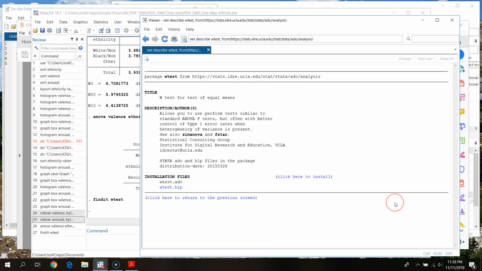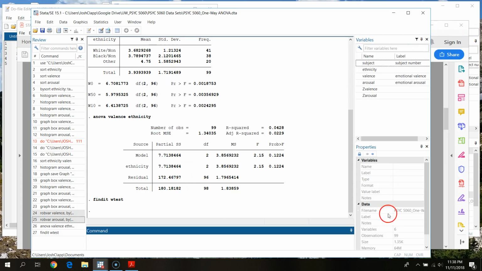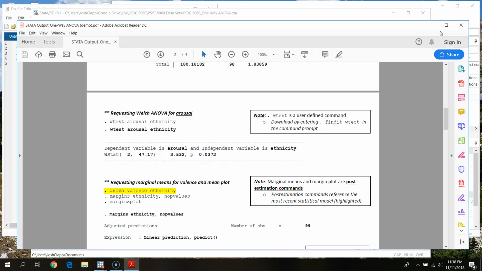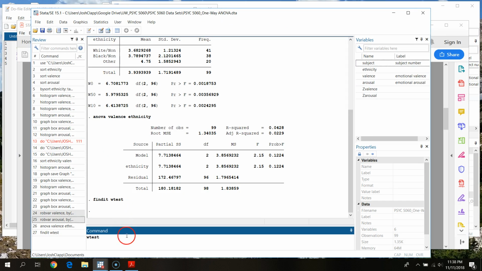And so if we click that, then you can click to install it on your version so that you have it. If you try and just run wtest without installing it first, it's not going to run. So this is something that you would need to do first. I've already got it downloaded here. So if we go wtest, make sure arousal and ethnicity.